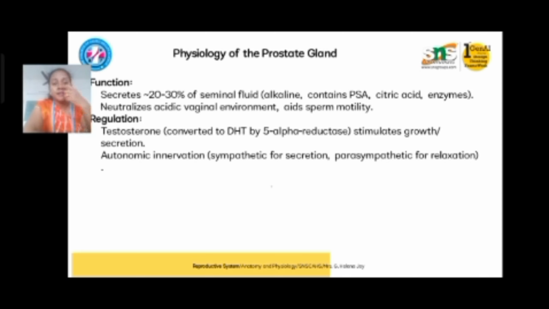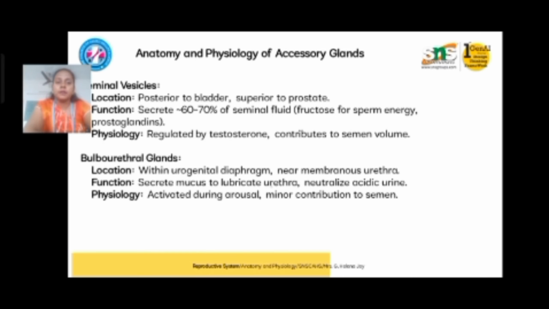When the sperm is ejected into the female genitalia through the vagina, the acidity could kill the sperm, so the secretion neutralizes the acidic environment. Regulation is by testosterone, which stimulates growth, and autonomic innervation is sympathetic for secretion and parasympathetic for relaxation.